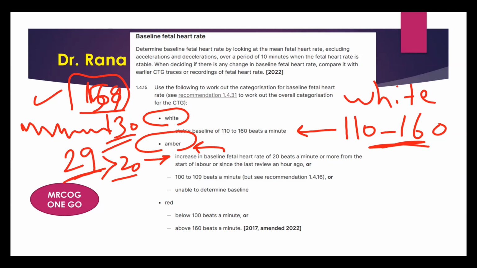Next, 100 to 109. This is amber. Unable to determine the baseline: if you are not sure, there are a lot of decelerations and the heart rate is coming up and down, so you are not sure about the baseline heart rate. This is also a new feature here, and it is amber.